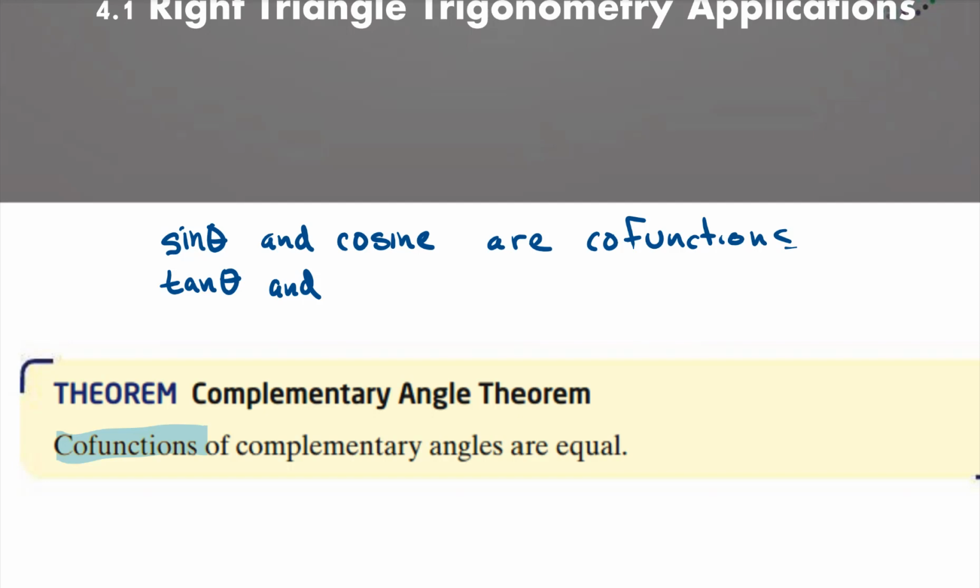Cotangent. Tangent and cotangent are co-functions. And believe it or not, secant and cosecant are co-functions. So now we know what co-functions are. Sine and cosine, tangent and cotangent, secant and cosecant are co-functions.